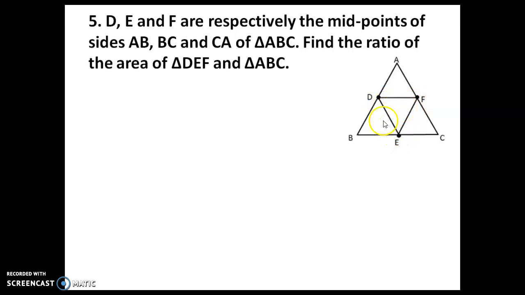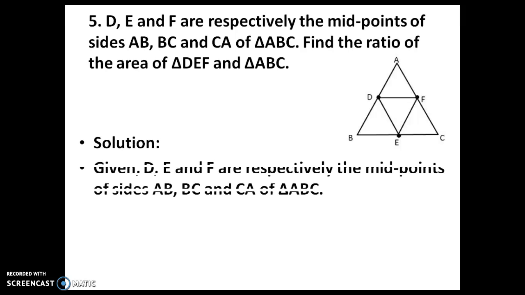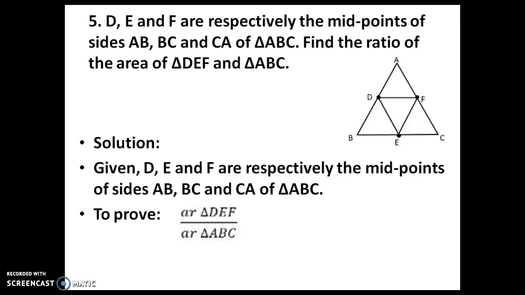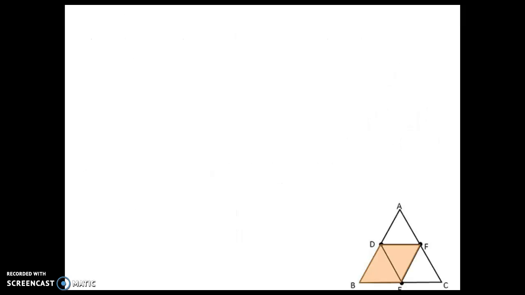We should find the area ratio of these two, the full triangle and this small inside triangle. Solution: given that D, E, F are midpoints of AB, BC, CA of triangle ABC, we should find area of triangle DEF divided by area of ABC.